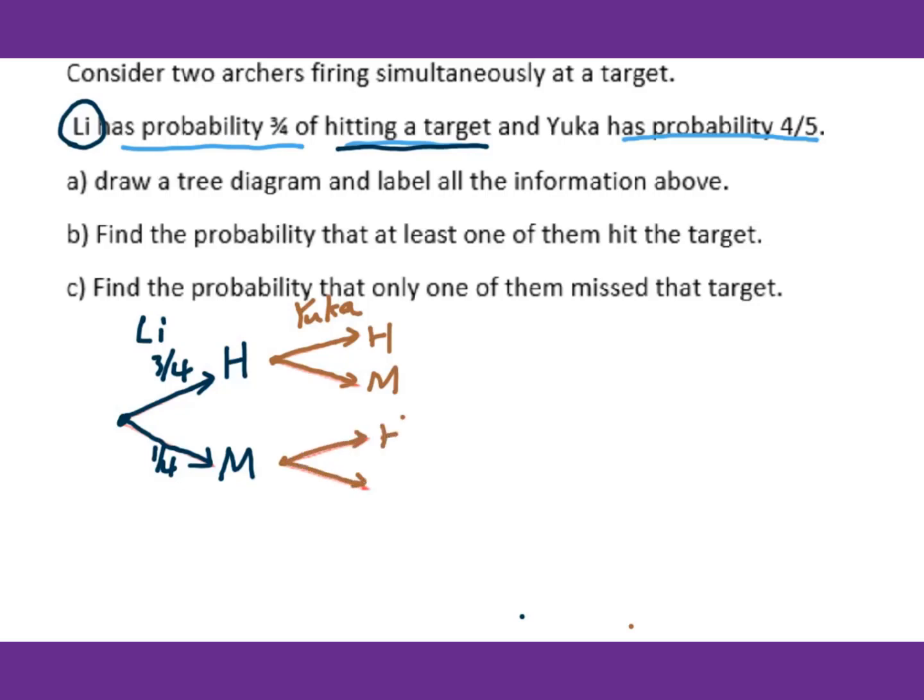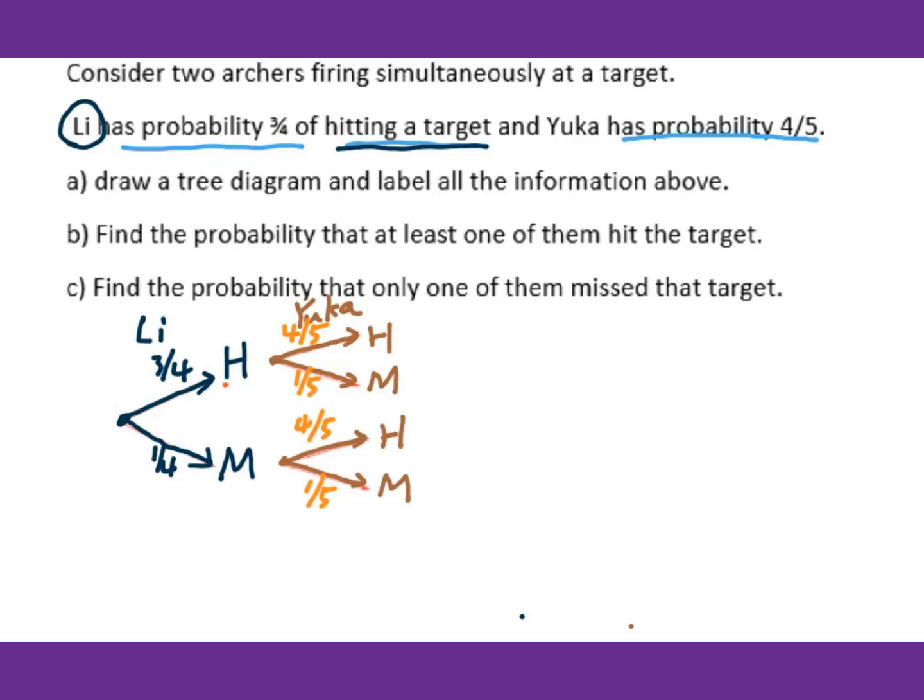One is hit the target or missing the target. The probability for Yuka hitting a target is 4/5. Missing will be 1/5. 4/5 or 1/5. We call this a tree diagram for this compound event.